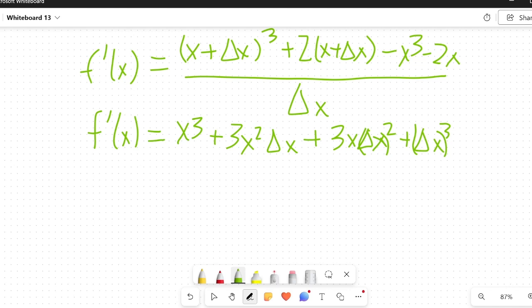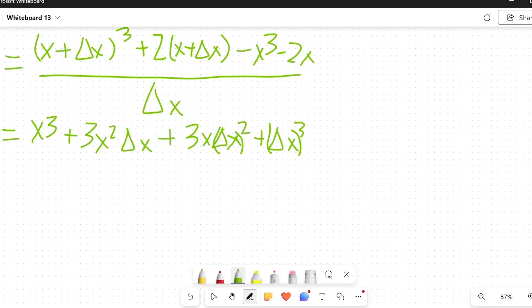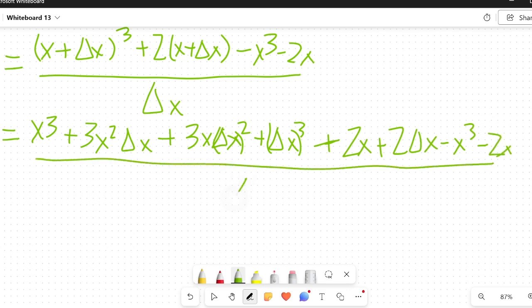And then plus 2x plus 2 delta x minus x to the 3 minus 2x, and then all of this over delta x. So you can see right away, we can cancel out a couple of terms.